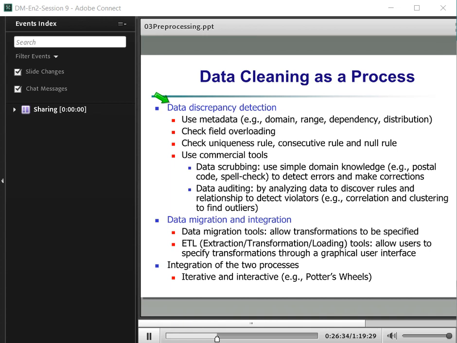For nationality, I can say that the nationality can be, for example, Iranian, Iraqi, or something like that. The total number of countries in the world is about 200. So this set is limited.